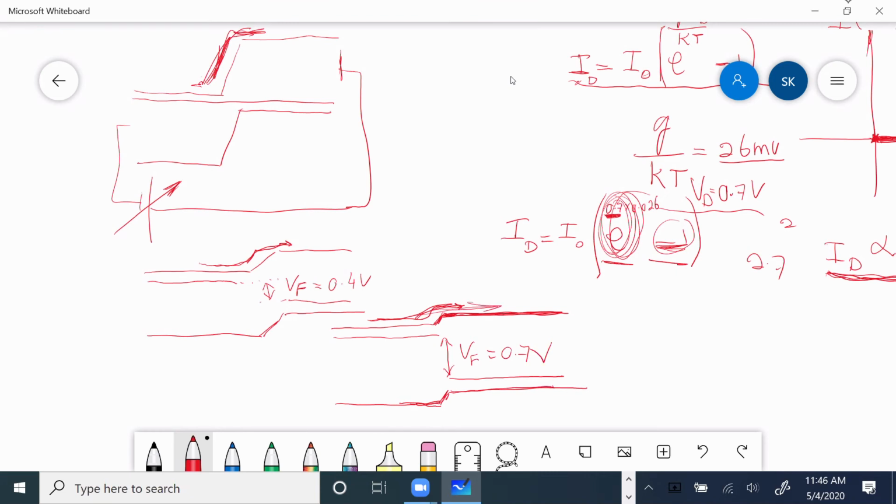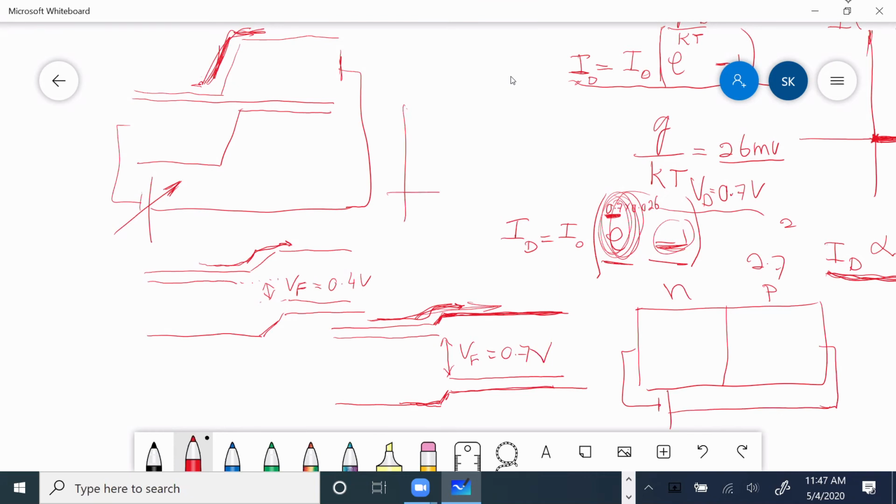So in terms of the energy band diagram, in terms of the mathematicians, and in terms of the measurement and physical observation, we can see that when we apply forward bias to a diode, there will be current flow, and the current will flow like this.